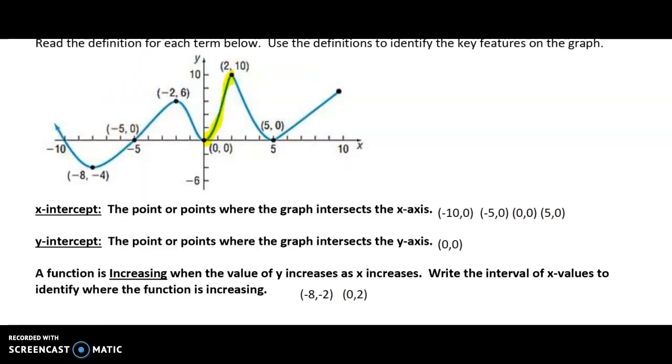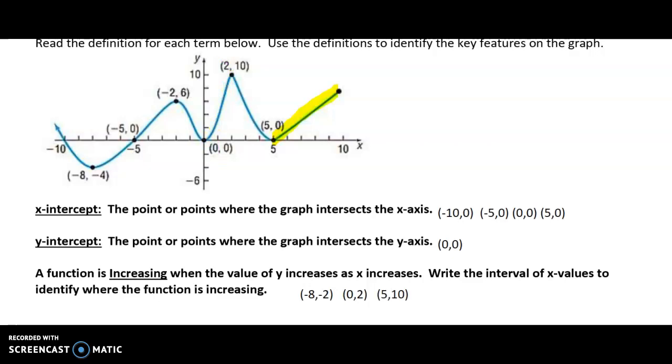The next interval of where the function is increasing is from 0 to 2. So again, that's that middle section where the graph is going up from left to right. Again, we're using interval notation. Over what x values does this function increase in this section? It's going from 0 to 2 along the x-axis.